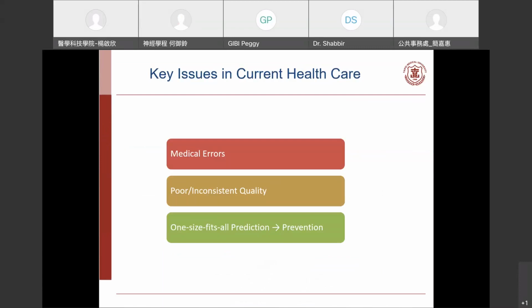And the key issues in healthcare which we are going to focus on, where we want to use artificial intelligence to solve, are these three problems: medical errors, poor and inconsistent quality, and one size fits all prediction and prevention.